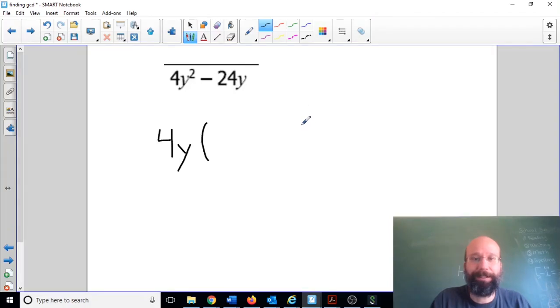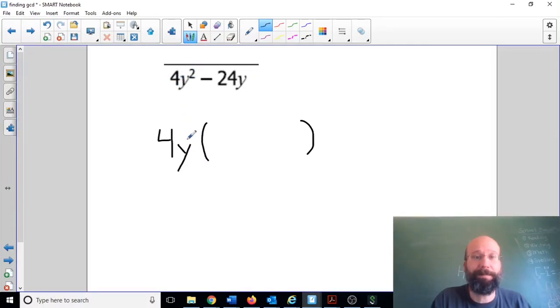So that's our GCF of these two terms: 4y, because the numbers have a GCF of 4, that Desmos told us. And since they both have the same variable, we can take out the smallest exponent, which in this case is this 1.